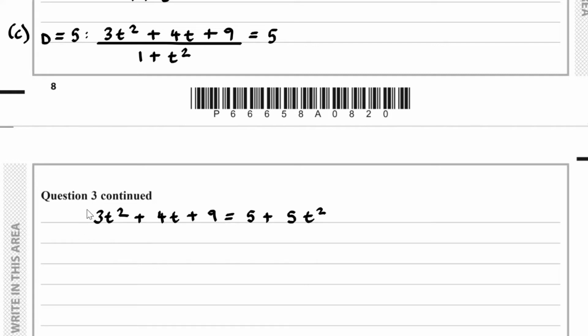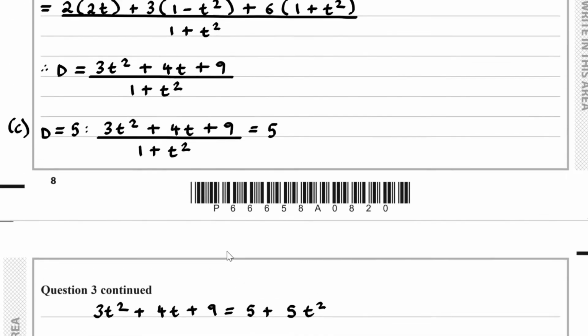And so simplifying, we have 2t squared minus 4t minus 4 equals 0. And if we attempt to solve, t will equal 1 plus or minus square root 3.